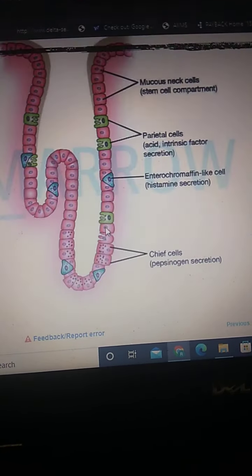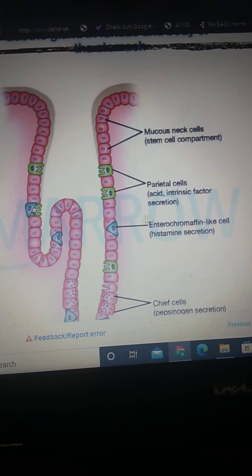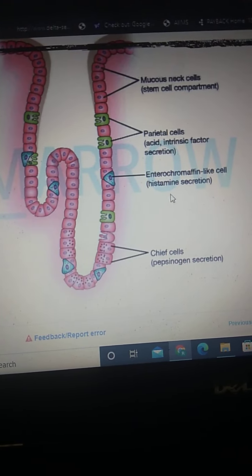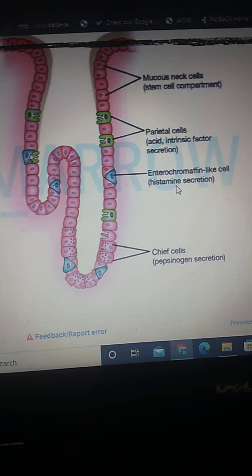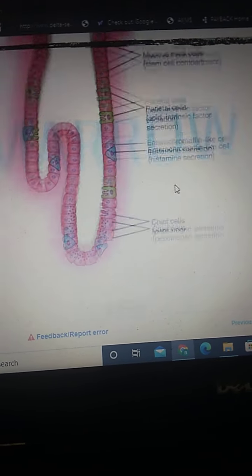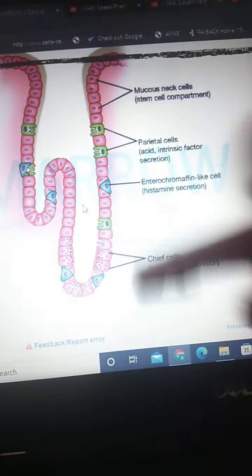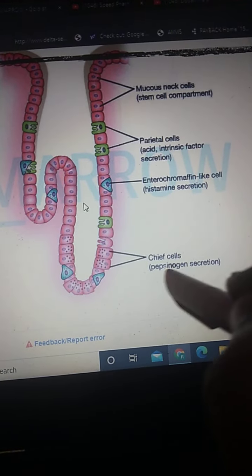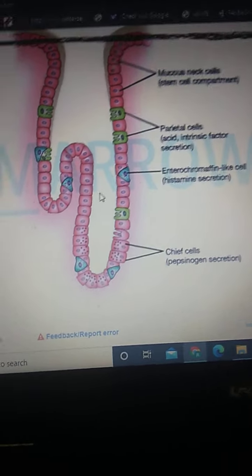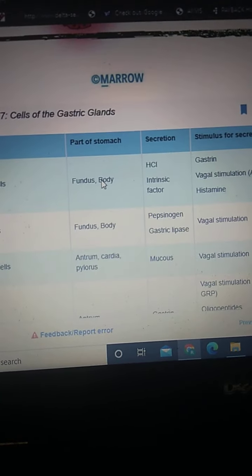Next, the enterochromaffin cells secrete histamine, for which you need gastrin, again from the G cells of the antrum. Chief cells secrete pepsinogen and also gastric lipase, for which vagal stimulation is required.